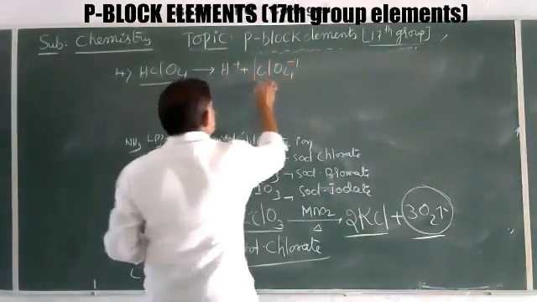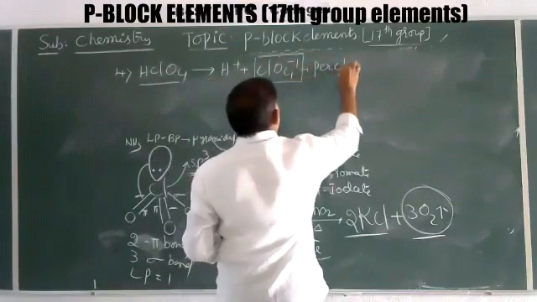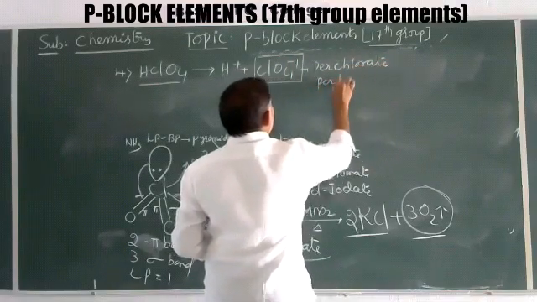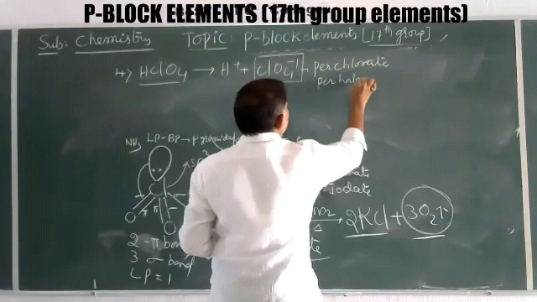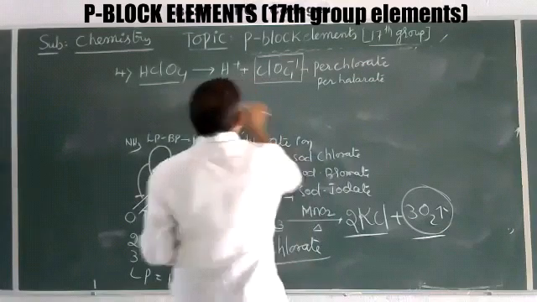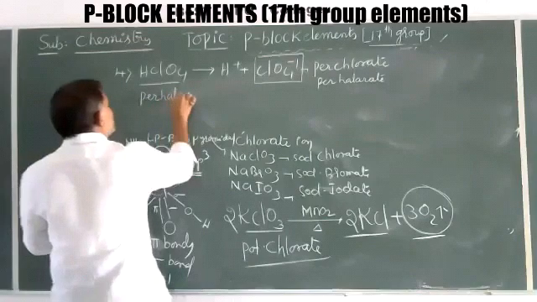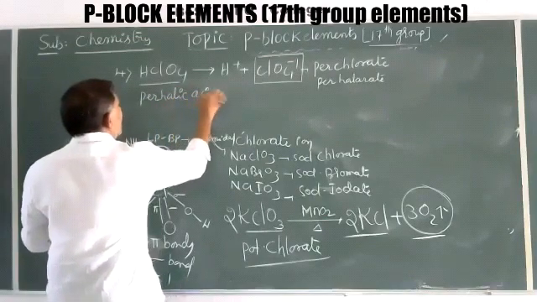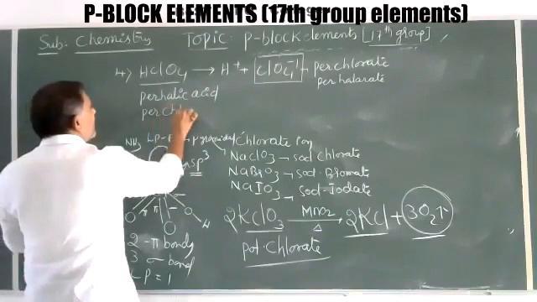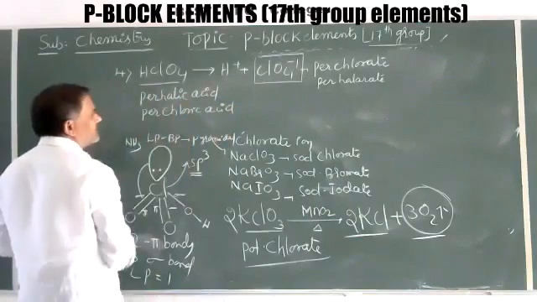This ion is called perchlorate, a perhalate salt, obtained from perhalic acid. Perhalic acid where chlorine is used is perchloric acid.